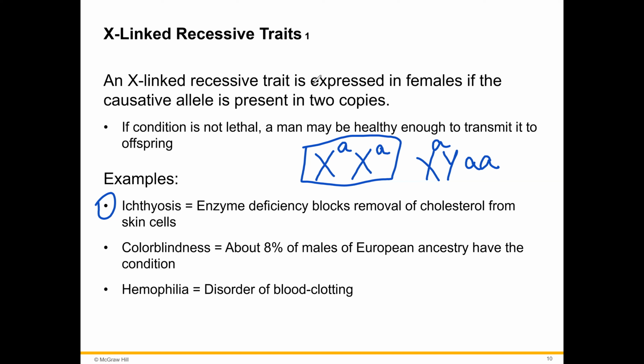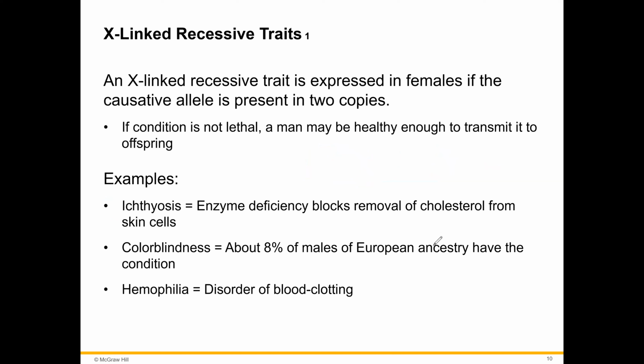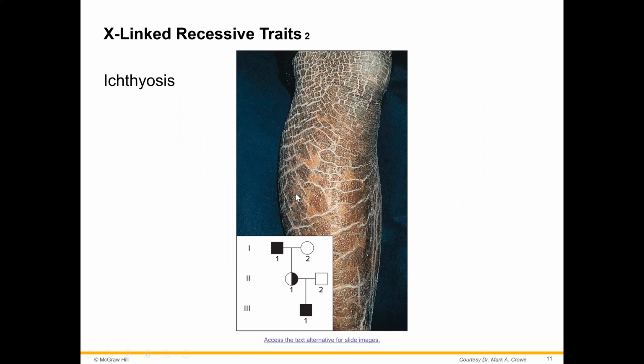Now, the first disorder, ichthyosis, is when we have enzyme deficiencies that block removal of cholesterol from skin cells, as shown on this diagram. This is how the skin of an affected person looks. You can see that the father is affected over here and the mother is not.